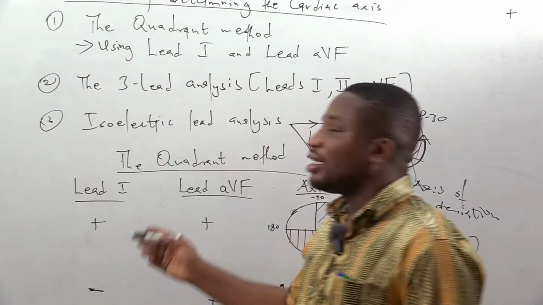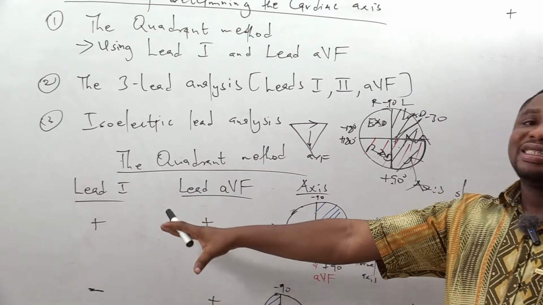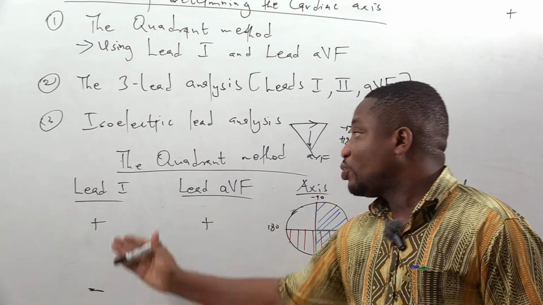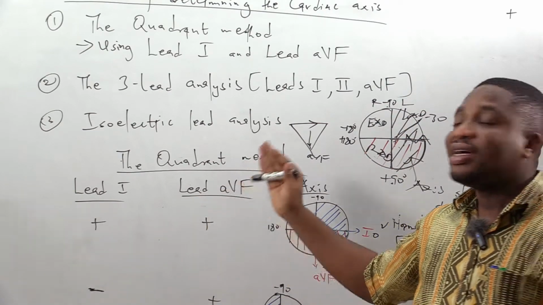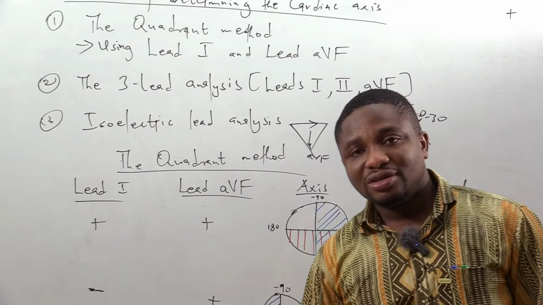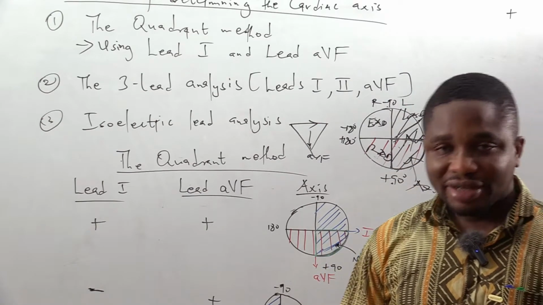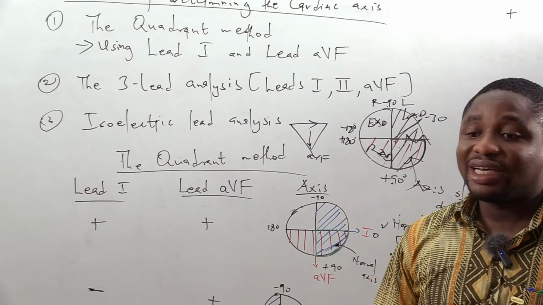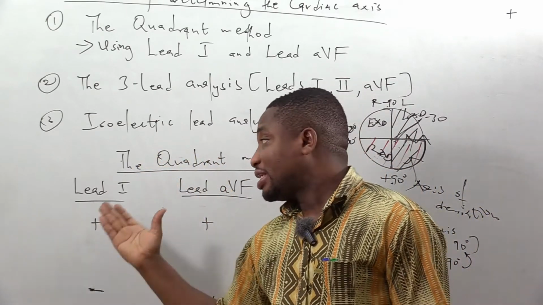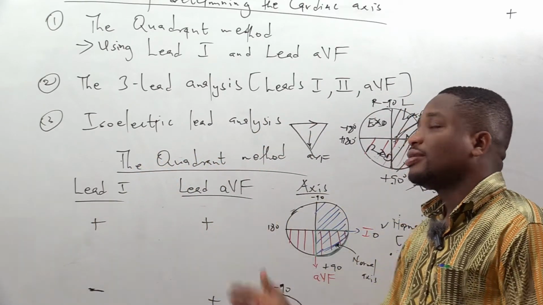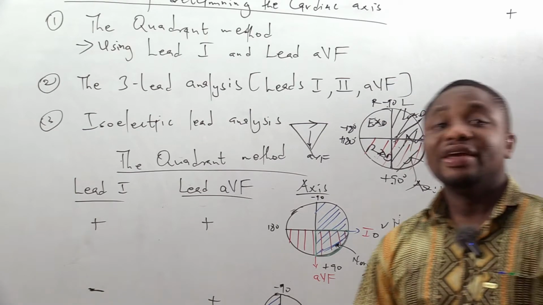Let's take the first example. The net charge of the QRS complex in lead 1 is positive and in lead AVF is positive. What would be the axis of deviation? Assuming you are looking at an ECG, you realize that the net charge of the QRS complex in lead 1 is positive and that in lead AVF is positive.